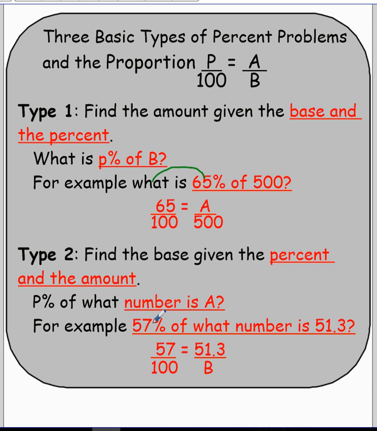Again, the word is says that the 57% is the 51.3. So 57 is on the top, 51.3 is on the top. Of what number means of the base, so of our unknown B, where 100% we know is a whole percent.